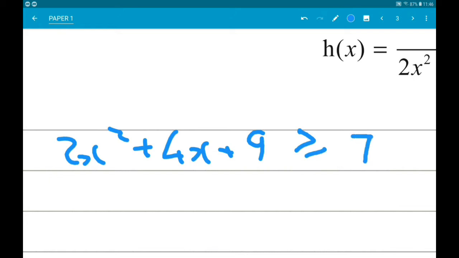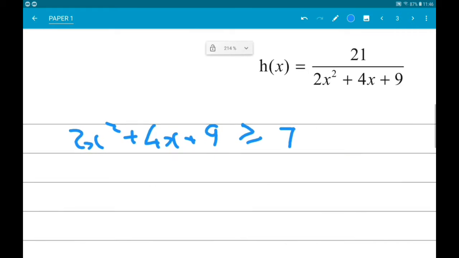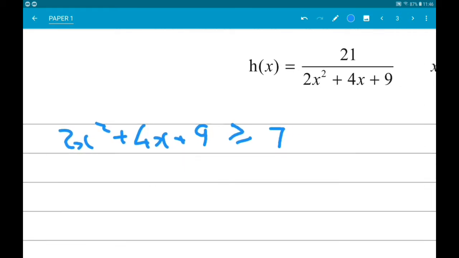So, because that's on the bottom of the fraction for h of x, as 2x squared add 4x add 9 increases, h of x decreases. So the maximum value of h of x happens when f of x has its minimum.